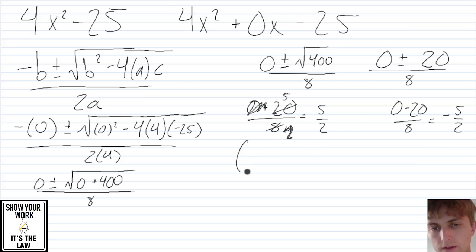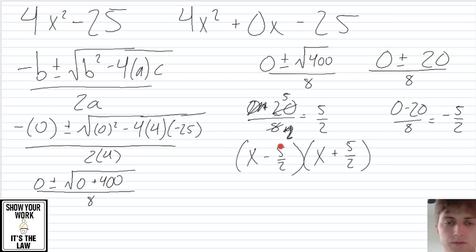So we know that we have an x minus 5 over 2 because we flip the sign, and then we have an x plus 5 over 2 because we flip the sign, and then we just multiply whatever we have times the leading coefficient. So we multiply everything by 4, and there we have it. So we've actually factored this into 3 parts, but this is actually a special case.